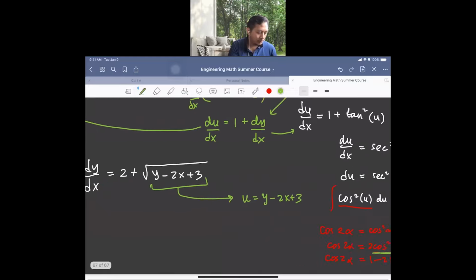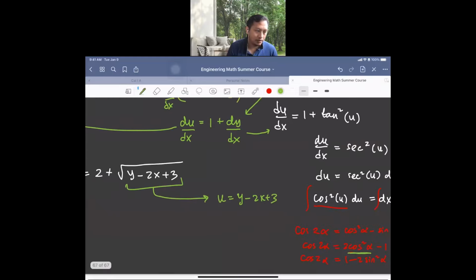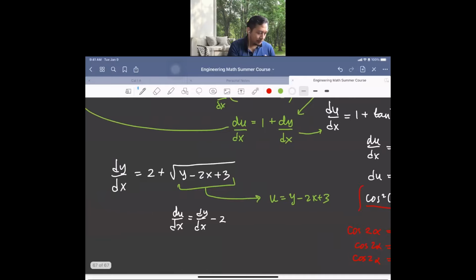And I think the other one here is also a similar case, and I believe not too complicated. So du/dx is dy/dx minus 2. And du/dx is this, right? And this whole thing is u.